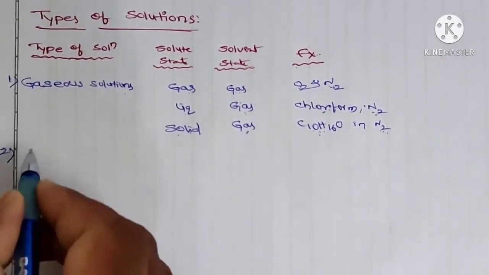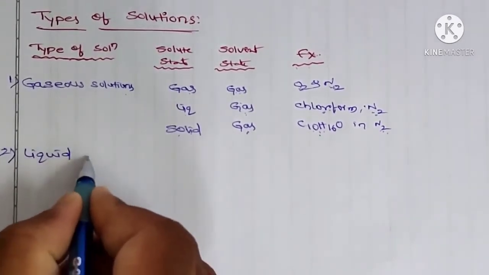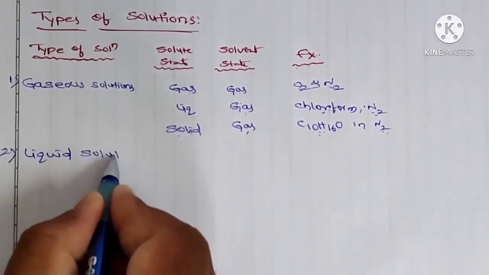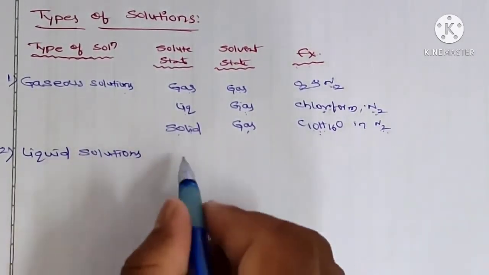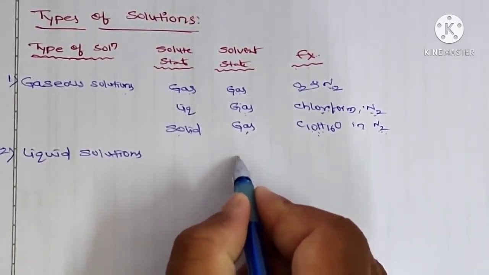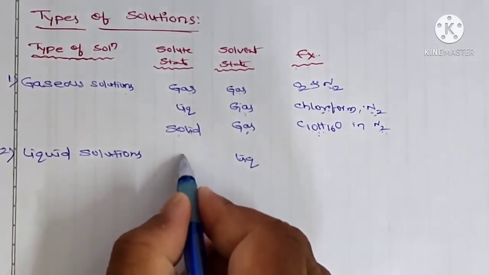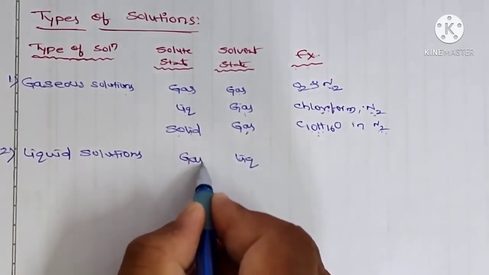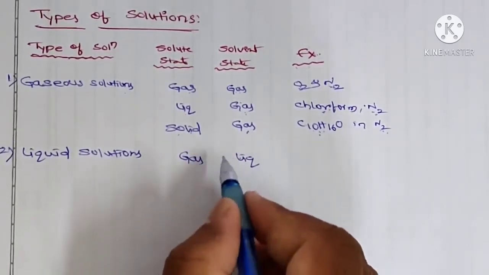And the second one, liquid solutions. In this, the first one, the solvent state is liquid and solute state is gas. So the gas in liquid.